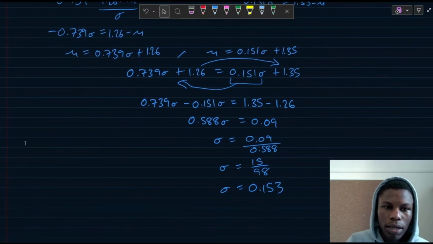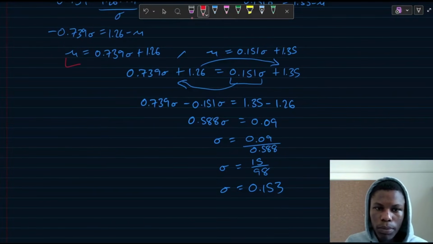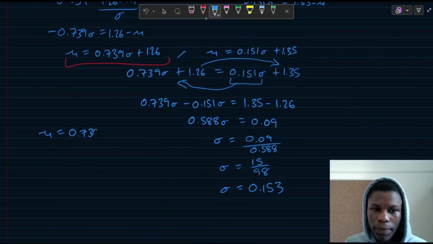And we can use this to find mu. So mu is going to be 0.739 times sigma. I'll use the exact value, so I'll use the 15 over 98 plus the 1.26.